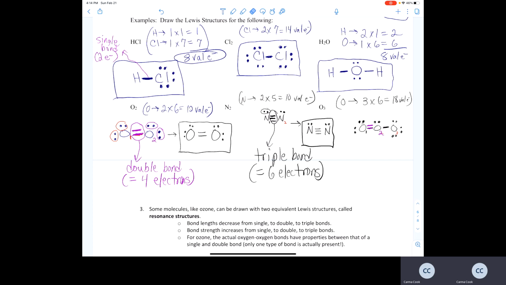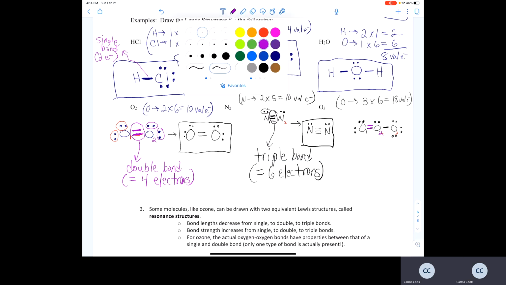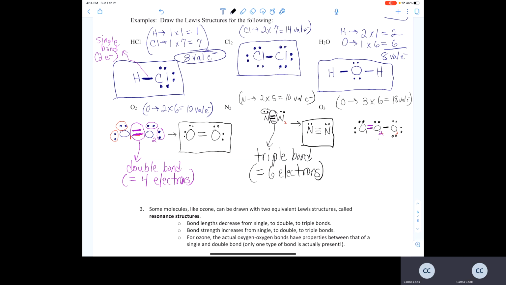Now oxygen 1 is still happy, but oxygen 2 is also now happy because oxygen 2 has 2, 4, 6, 8 electrons around it. Oxygen 1 still has 2, 4, 6, 8 electrons around it. So now both are happy, and we've completed our Lewis structure for ozone.